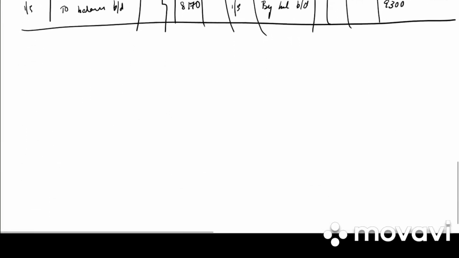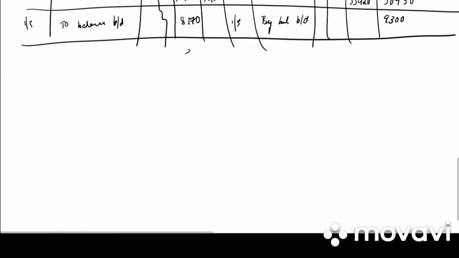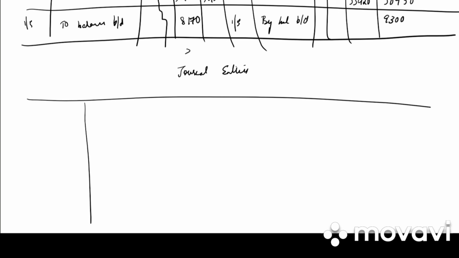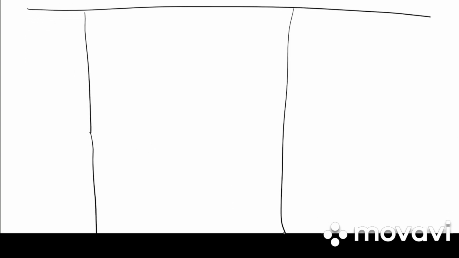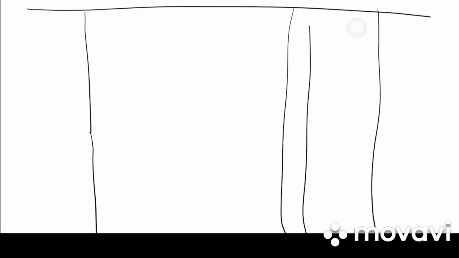After we have completed our cash book, next we need to write down journal entries. Draw the format. We have date, particulars, LF, debit and credit. So on 3rd April, what is the entry? They have said that we received the cheque but we have not yet banked. So what will be the journal entry for that?